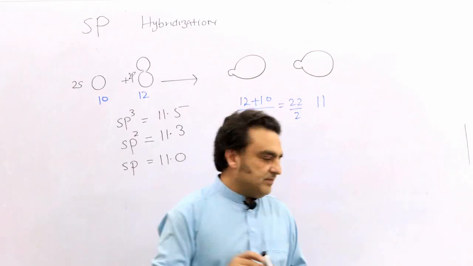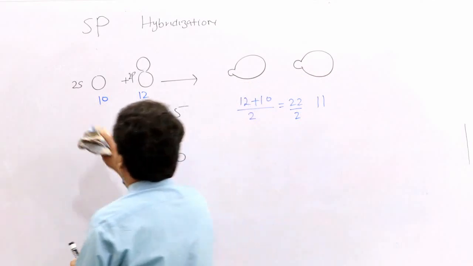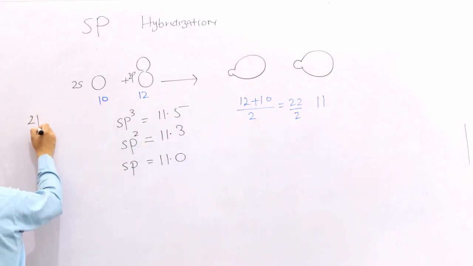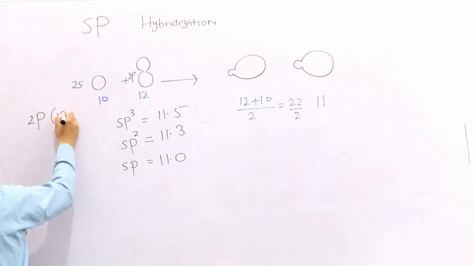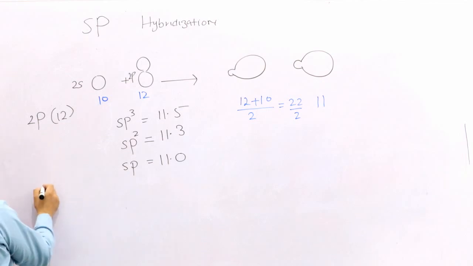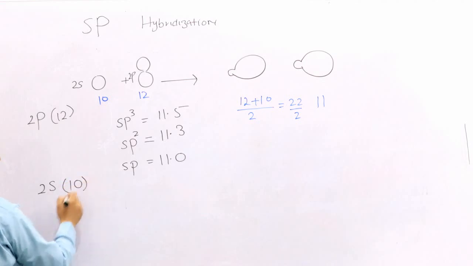But to which thing are we comparing them? We are comparing them to the 2s orbital and the 2p orbital. This is the 2p orbital, which we assigned an energy value of 12, and the 2s orbital, which was assigned a value of 10.